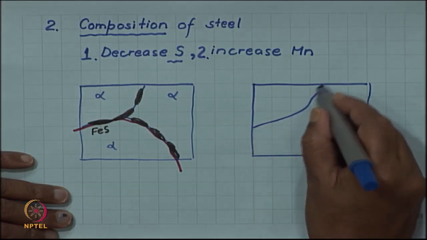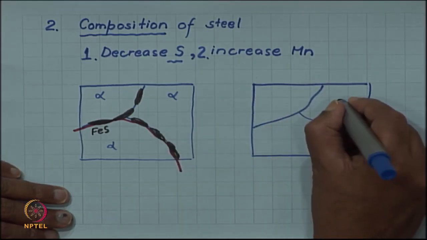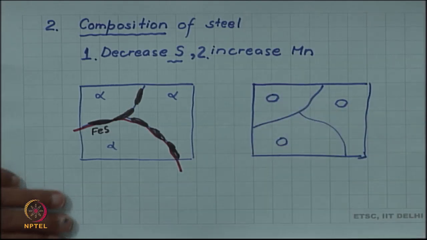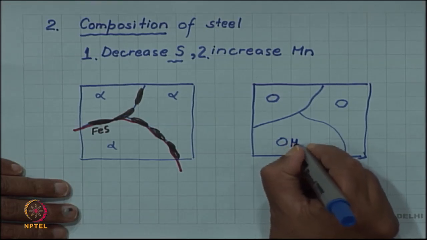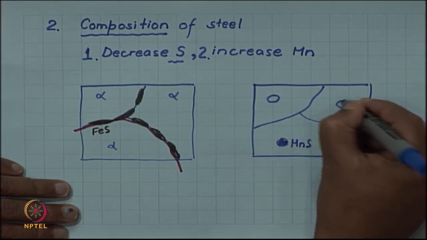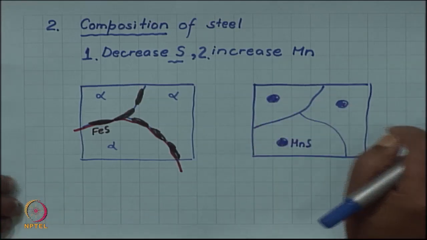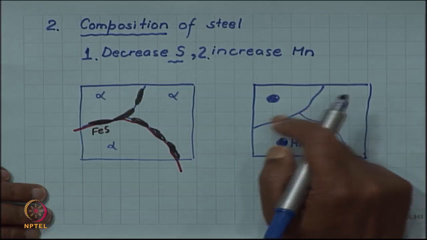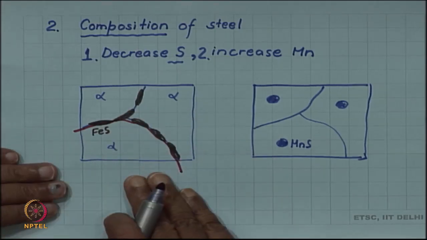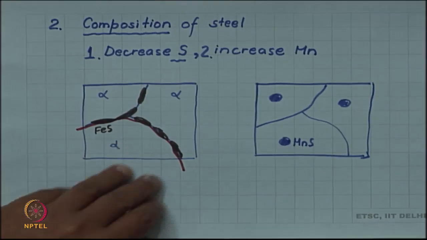Manganese reacts with sulfur and forms globular Mn sulfide. So instead of sulfur going to the grain boundary, it makes manganese sulfide inside the grains. This again avoids an easy path made by FeS. So both the low sulfur content and the presence of manganese help to improve the fracture resistance of steel.